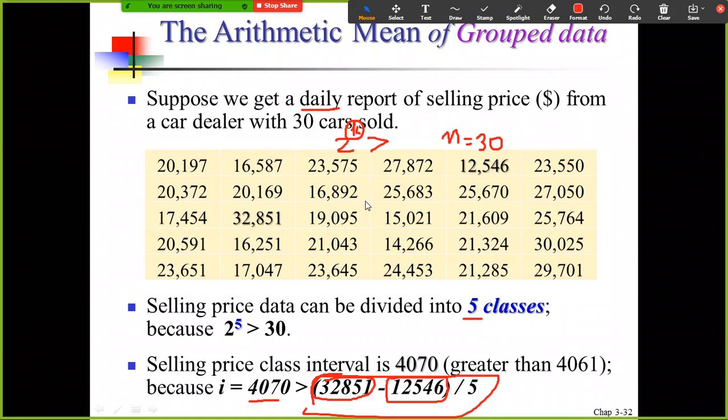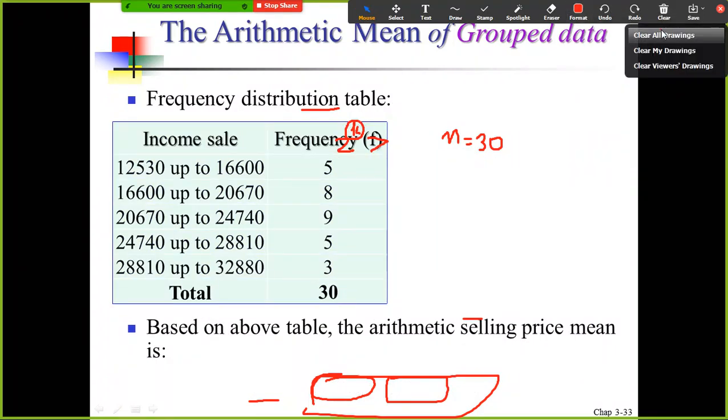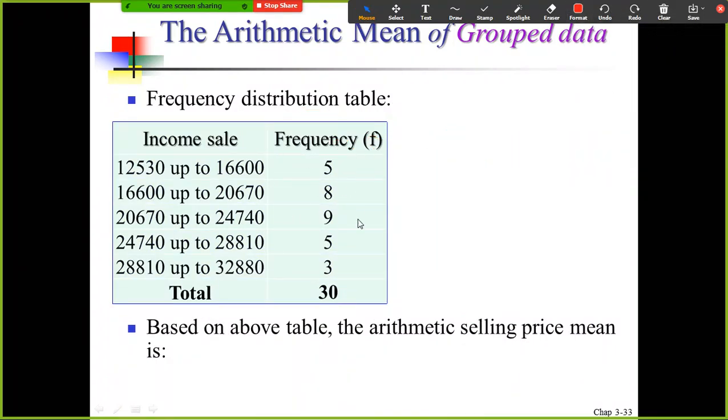Suppose the 5 steps are already done, I got this one. This is L1, this is H5, this is frequency. So now the 5 steps are done, and I got a frequency distribution table like this one.